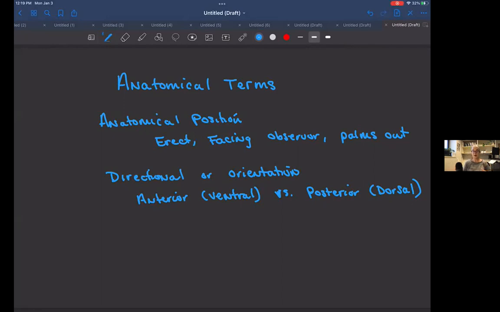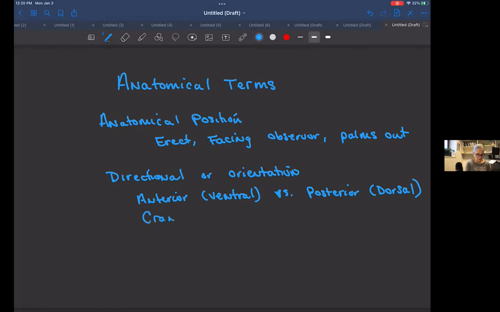So for example, my umbilicus, which is my navel, would be anterior to my sacrum, which is the bone that connects the vertebral column to my pelvis. Okay. So anterior, posterior. We also have head and tail, which is cranial and then caudal.